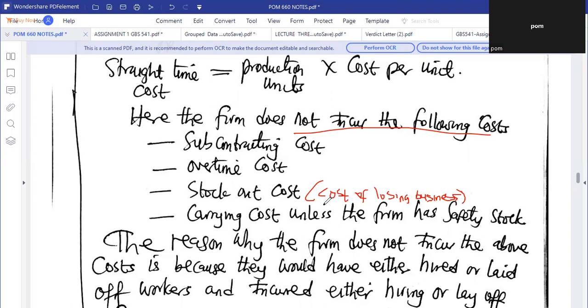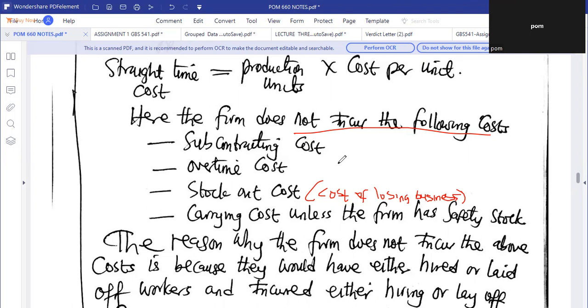According to demand, you make sure that you produce according to the demand. If people are demanding a service, you should be there as a lecturer or as a tutor so that you don't lose out on money. So you're avoiding the stock out cost. You don't incur the subcontracting cost because we would have hired as many workers as possible.